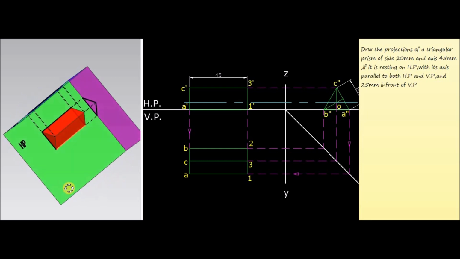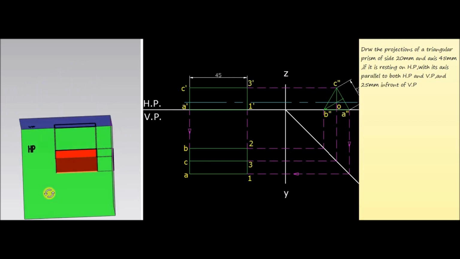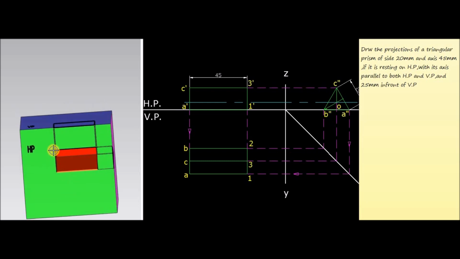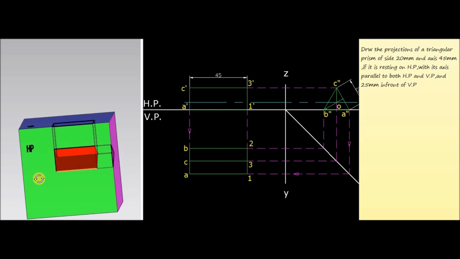Similarly, when we are looking from the top side, this will be the top view, and again you have to join all these corners, and the rectangle formed will give the top view of the triangular prism.